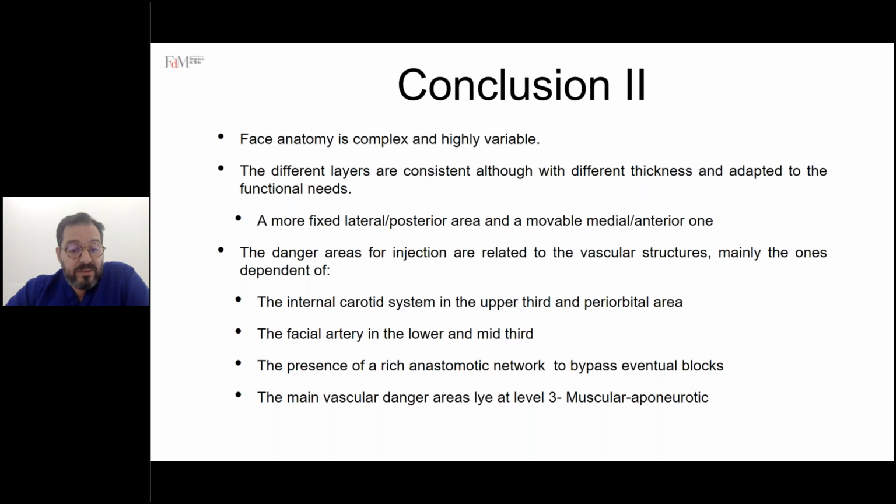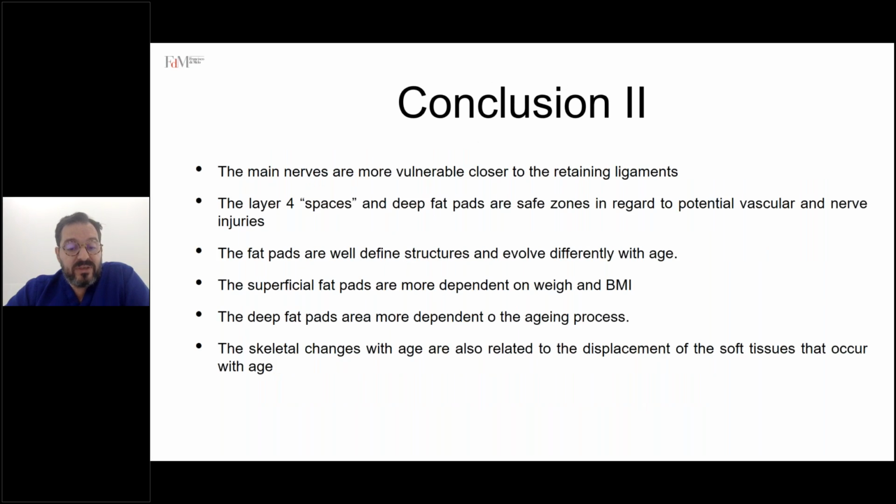The most important, most difficult, and most dangerous layer is number 3. Also important are the fat pads, and the anatomy changes with age. The displacement of soft tissue occurs with age, and you have to pay attention to that. What looks good in a young patient may not be the same in an old patient. Can you move to the next one, please?